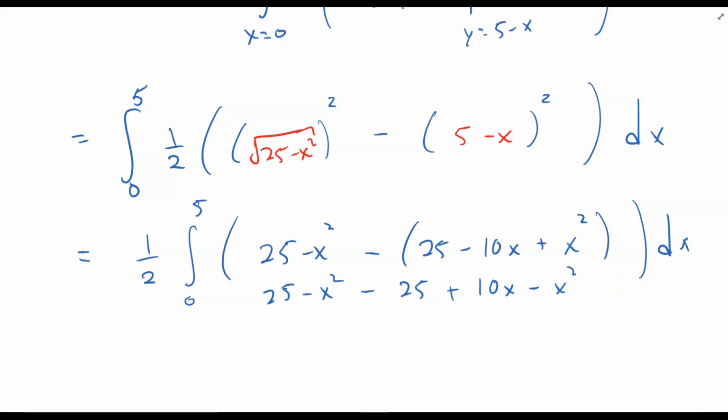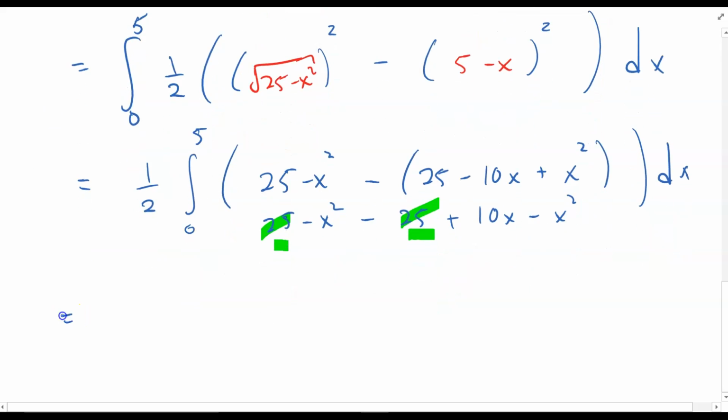All right, and we're going to see here is that the 25 terms cancel out, but the other couple terms combine there. So what are we left with? In this case, we're left with 1/2 times the integral from 0 to 5 of, we have negative 2x squared and then plus 10x. All right, so now it boils down to a single variable integral.